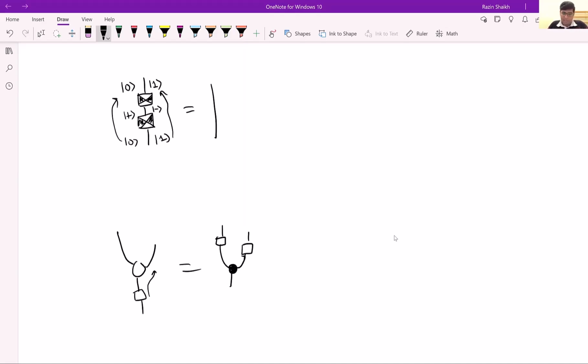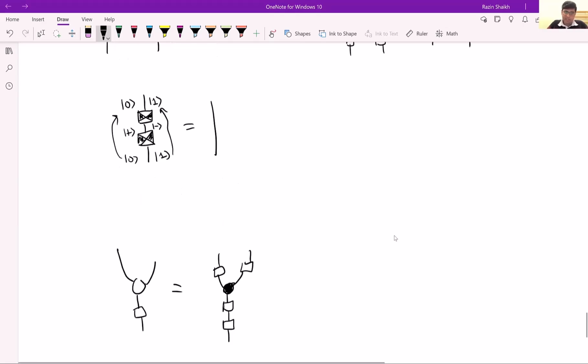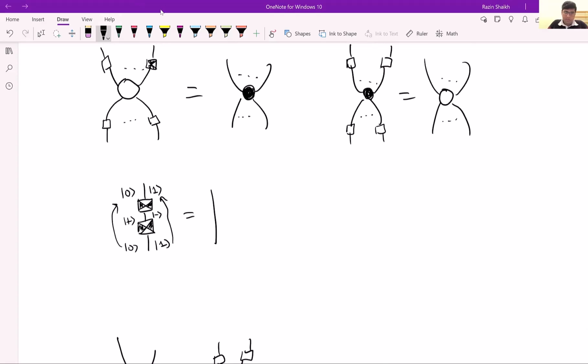And we can very easily prove this because we know that this Z spider is the same as the X spider, but surrounded by the color change boxes like this. So I only applied this equation from here.